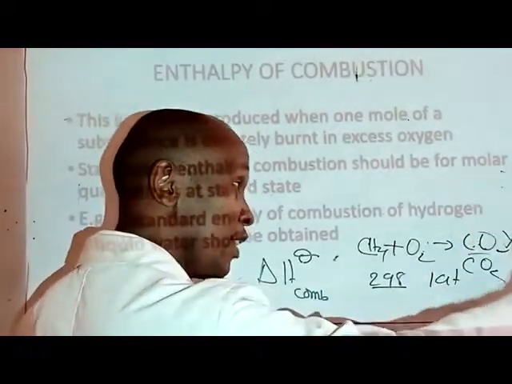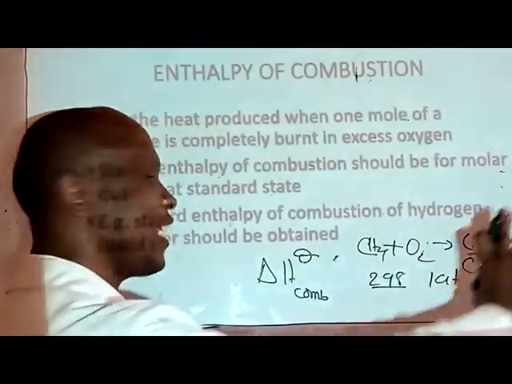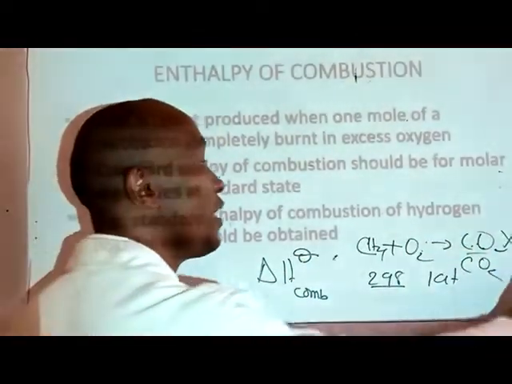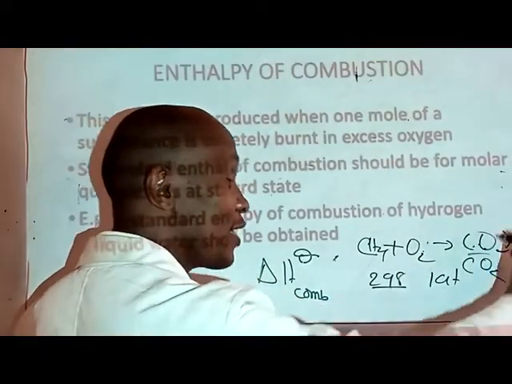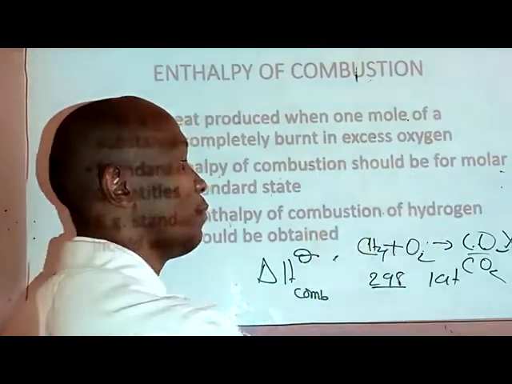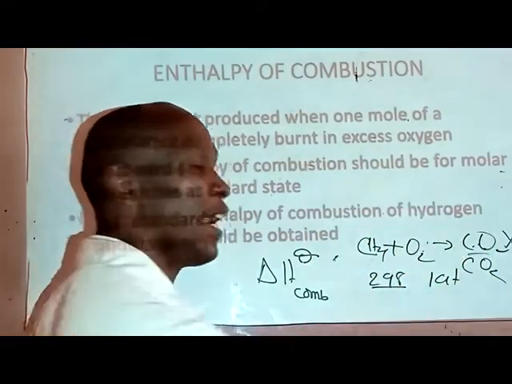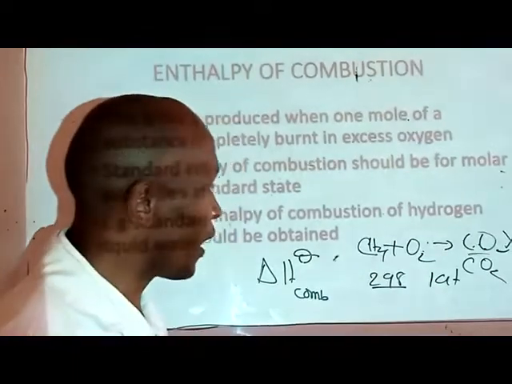So if I measure and yet the water is in gaseous state, then that is not standard, because at standard conditions, you must always measure at the same temperature and pressure, and that is at 298 and 1 atmosphere pressure.